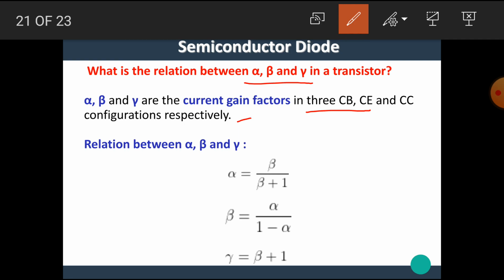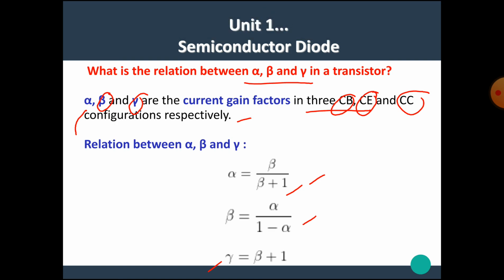That means alpha is the current gain factor in CB configuration, beta is the current gain factor in CE configuration, and gamma is the current gain factor in CC configuration. The relation between alpha, beta and gamma is alpha is equal to beta upon beta plus 1. Beta is equal to alpha upon 1 minus alpha and gamma is equal to beta plus 1.